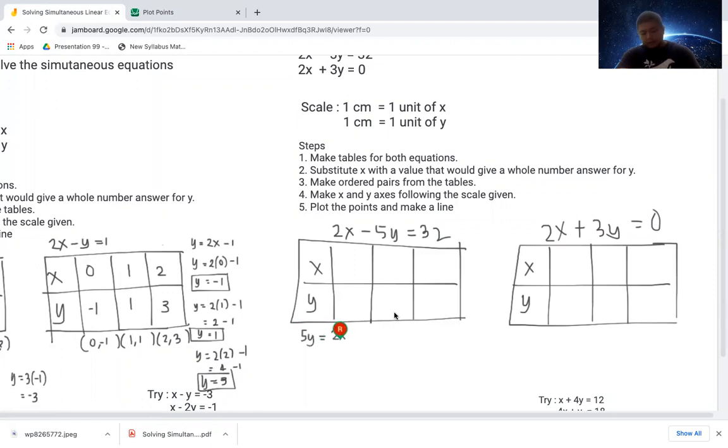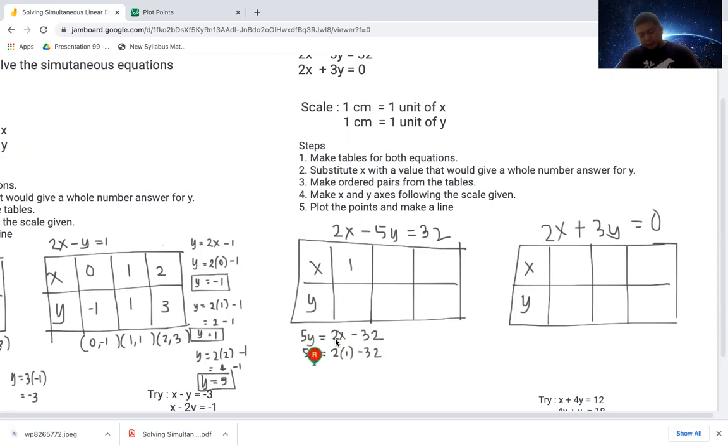2x minus 32. Okay, so I'm going to think of a value for the x that I have to substitute so that when I calculate this, the answer can be divided by 5. Okay, so let's say, for example, I should get a value of 30. Is it possible for me to get a value of 30? Yes. So if I put 1 here, then automatically this will give me a calculation of 2 times 1 minus 32, which is equivalent to 5y.